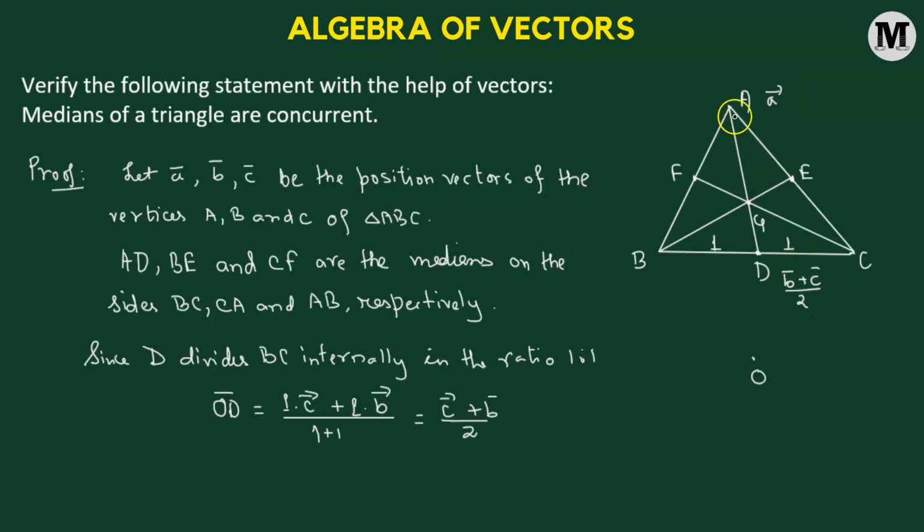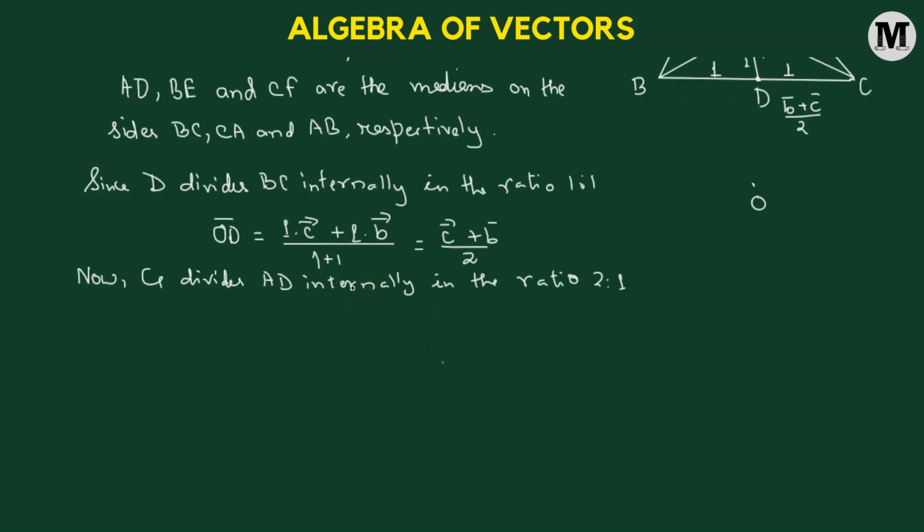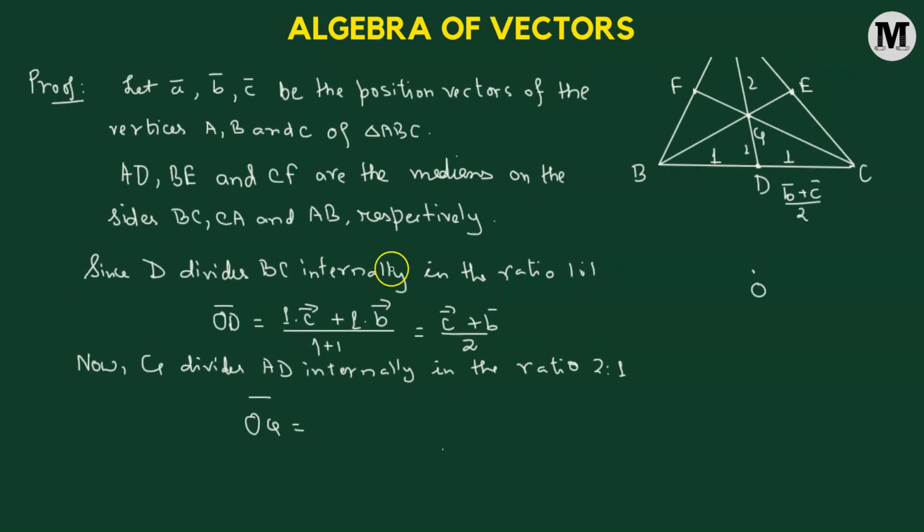Now we know by definition that the point G divides AD in the ratio 2:1. Since G is dividing AD in the ratio 2:1, again we can apply the section formula to find the position vector of the point G. That means OG vector will simply be equal to, with the help of the diagram, 2 times OD vector added to 1 times the position vector of the vertex A, divided by 2 plus 1.